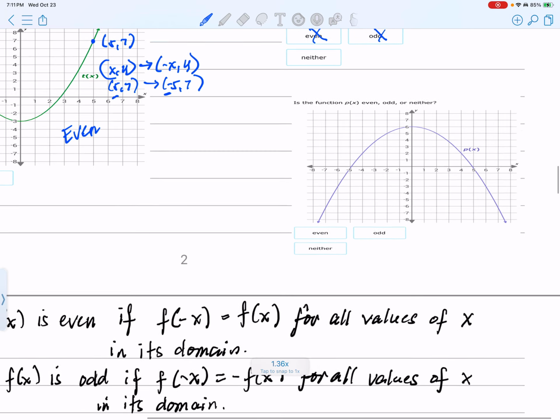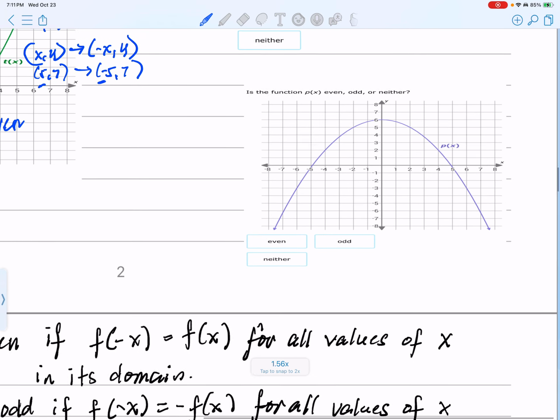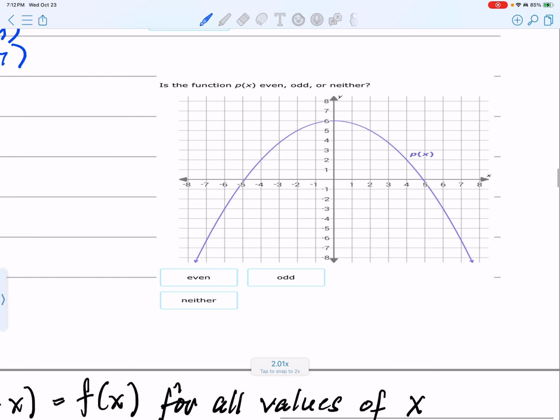Let's do this figure right here. Okay, both ends, negative infinity, point down. So this is not odd. That's the condition when it's even across the y-axis. So let's say I choose this point, 5, 0, and this is negative 5, 0.